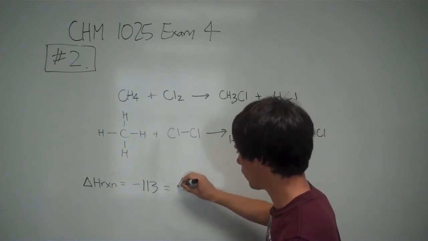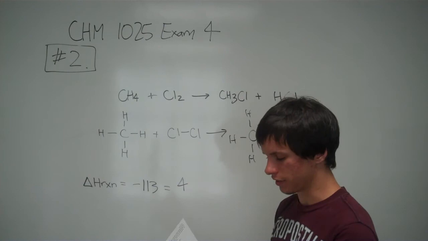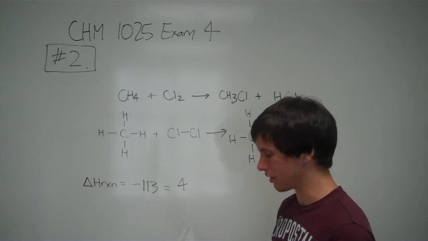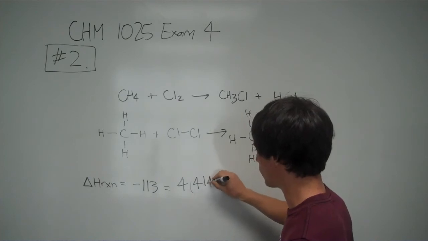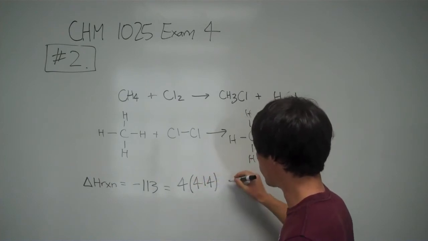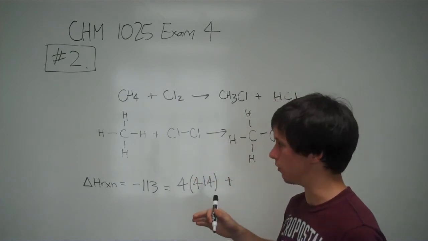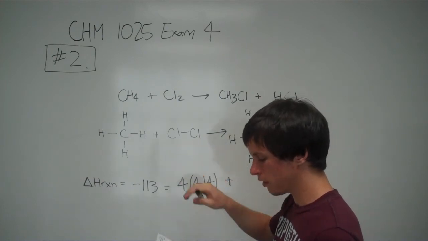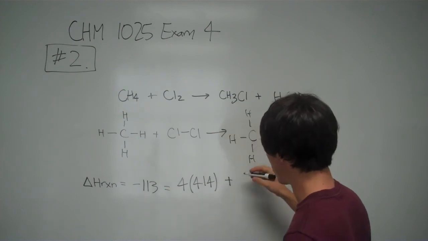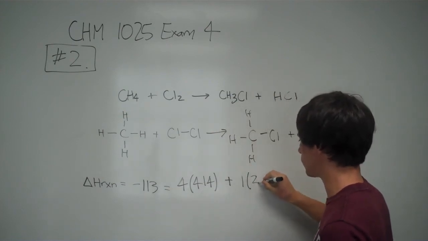I'm going to have 4 times the value that they give for CH bonds, and that's 414. So 4 times 414, plus, we're continuing on with the reactant still, so we have 1 chlorine-chlorine bond. So the energy for that is 1 times 243.